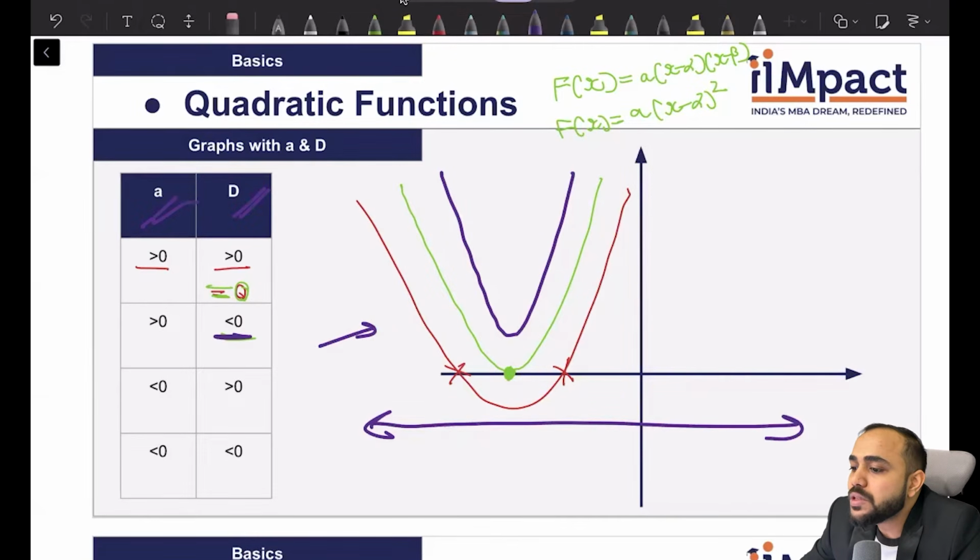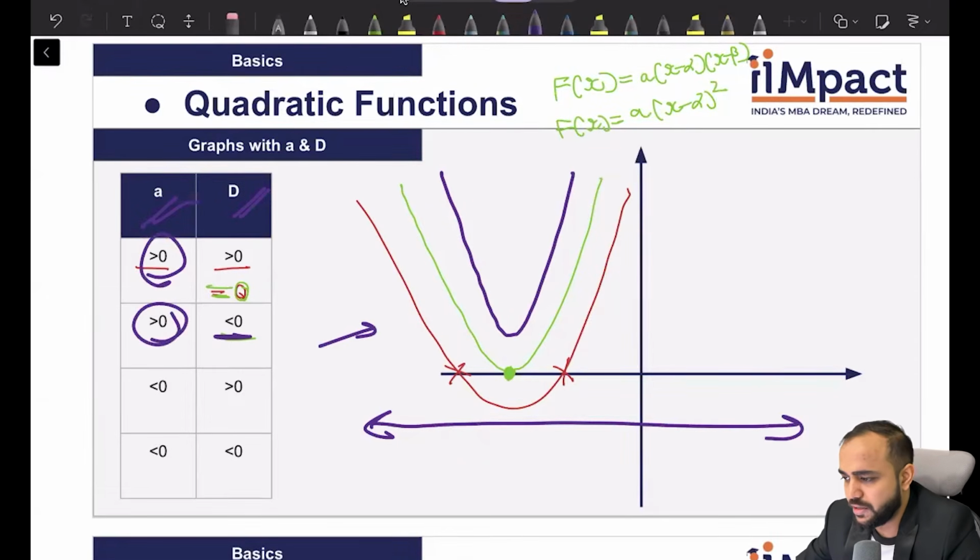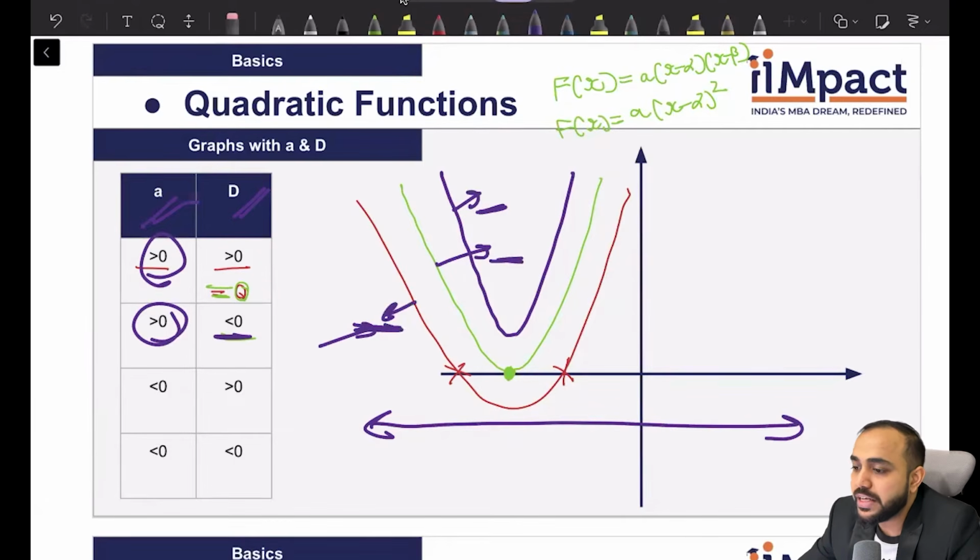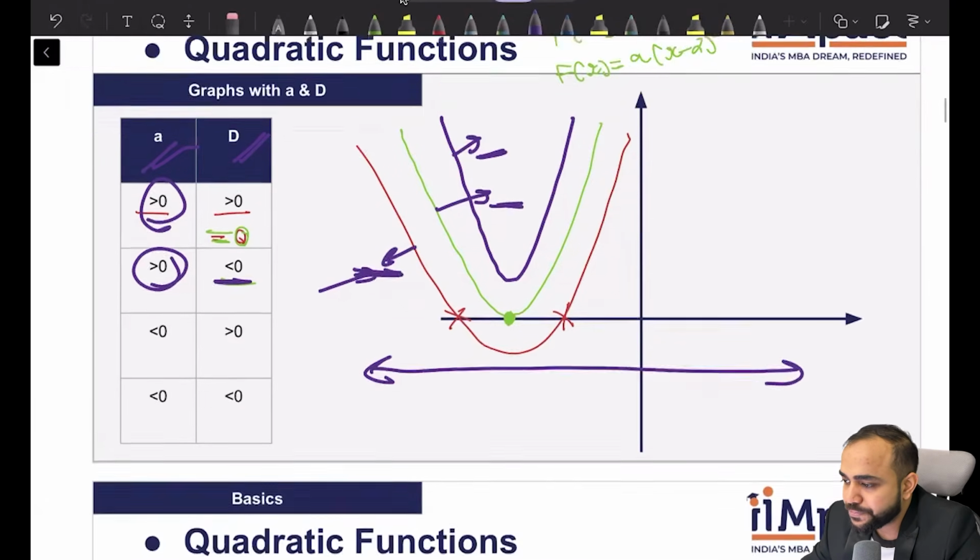It is going to be the same sign as a, because your parabola's vertex is on the negative side. So minus b by 2a has to be negative, which means b by a has to be positive. And if a is positive, then b will also have to be positive, something we have already seen. So this is the case of imaginary roots. This is the case of real repeated roots. And this is the case of real unequal roots. Clear?